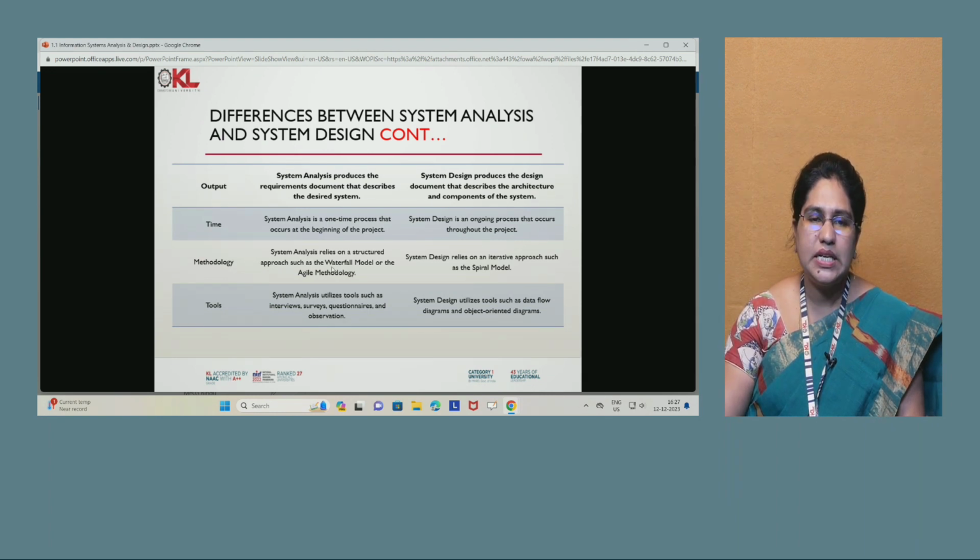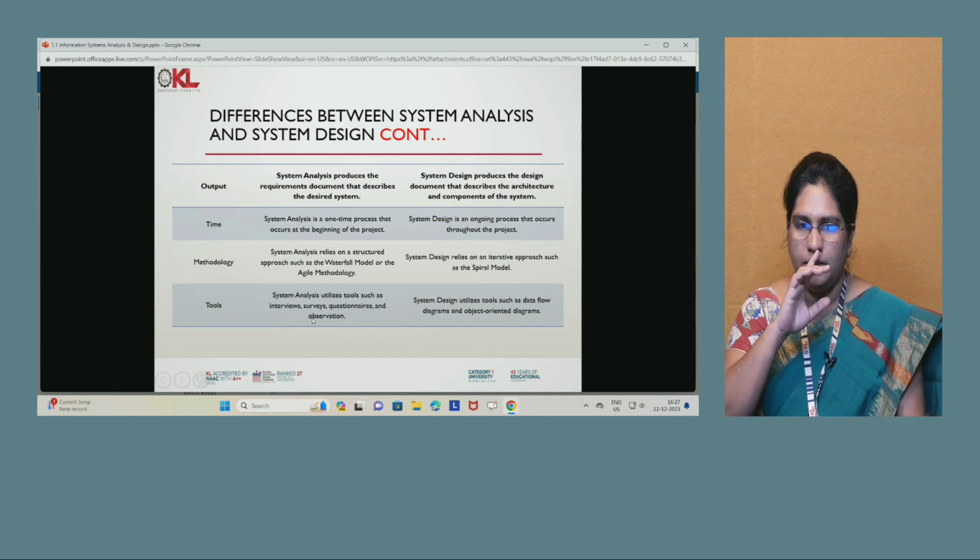If the first stage is not executed or not properly done, it is not going to concentrate on the second one. So it is like water falling from the top side, it is going to satisfy one stage after another. In the system design, it is going to follow the spiral model. So these are the basic differences.